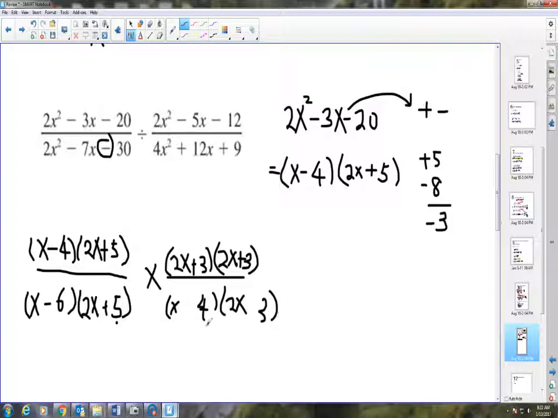Outer is 3, inner is 8. 3 and 8 subtract. The last sign tells you to subtract to get my middle term. To get a negative 5 in the middle, I got to have a negative 8 for the inner and a positive 3 for the outer. That looks nice.